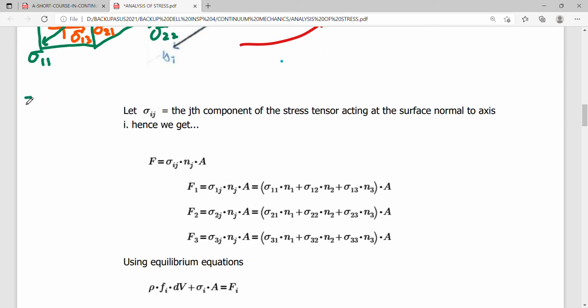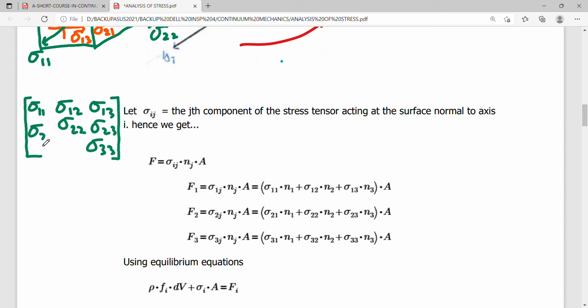So if we take a look at the matrix of sigma, or what you call the stress tensor, I have now here a sigma 1 1, a sigma 2 2, and a sigma 3 3. Okay, and this is a sigma 1 2, sigma 1 3, sigma 2 3, which is also equivalent to sigma 2 1 there, sigma 3 1, and a sigma 3 2.